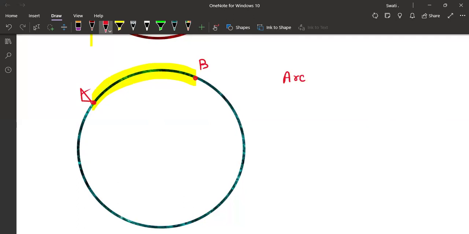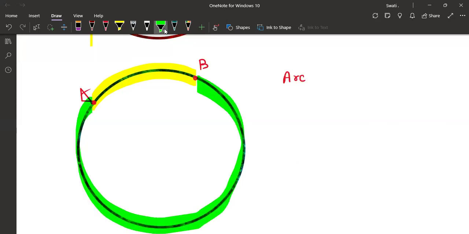Now tell me, what is this yellow arc called and what will the green arc be called? First, tell me what the yellow arc is called, because arcs are of two types.